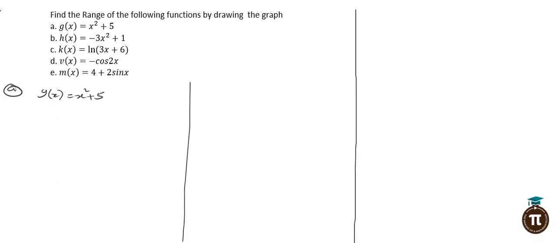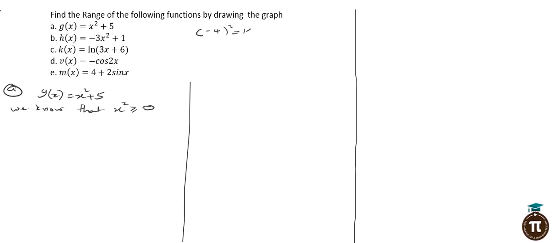We know that s squared will always be greater than or equal to 0 no matter what. The square of any number is always positive or 0. The square of 0 is 0. Take for instance minus 4 squared.